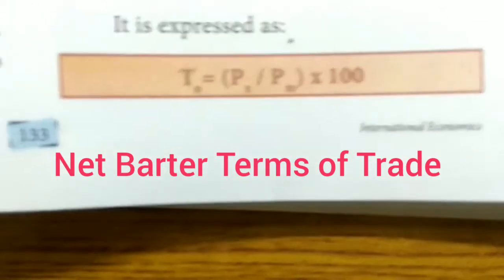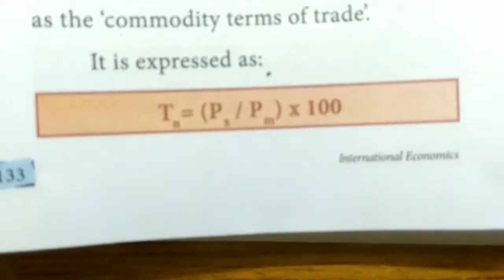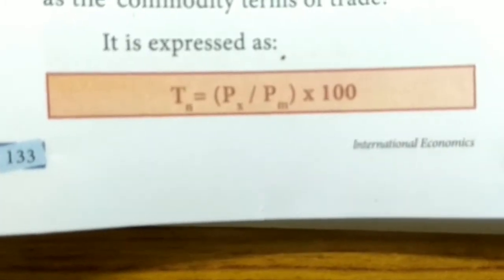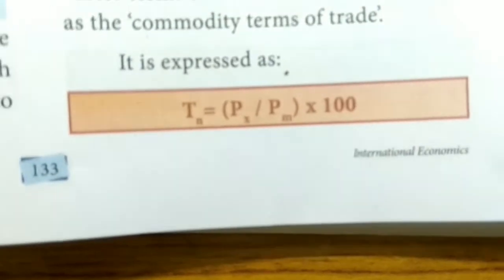Let's see one by one. This type was developed by Taussig in 1927. Net barter terms of trade: the ratio between the prices of exports and of imports is called net barter terms of trade. It is named by Viner as the commodity terms of trade.